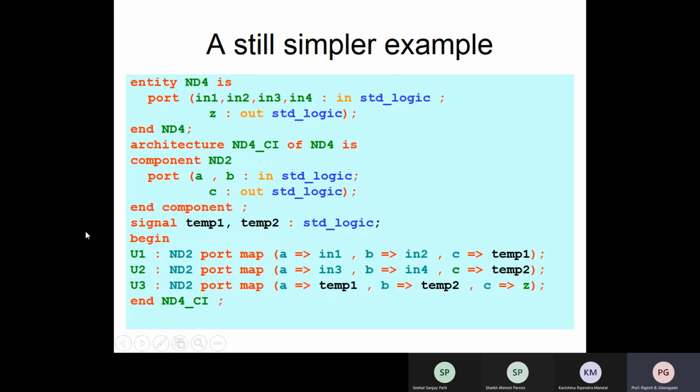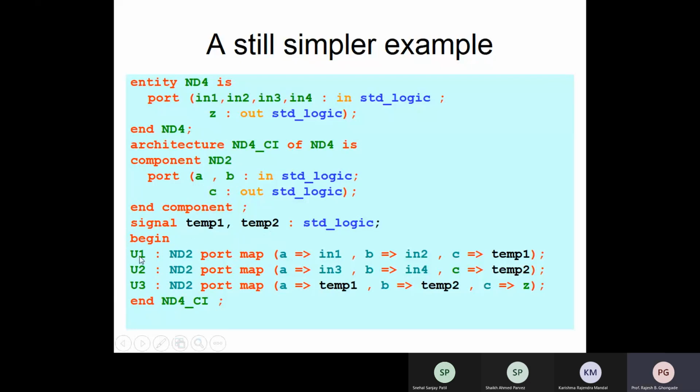As you can see here, I'm declaring a component ND2. It has A, B as input, C as output, end component. So the component declaration part is over. I'm declaring some intermediate signals, which correspond to connecting wires, as temp1 and temp2 of type STD logic.